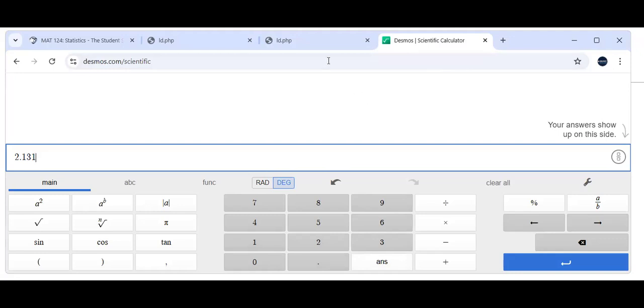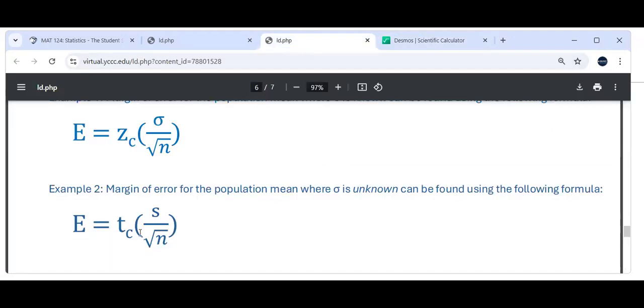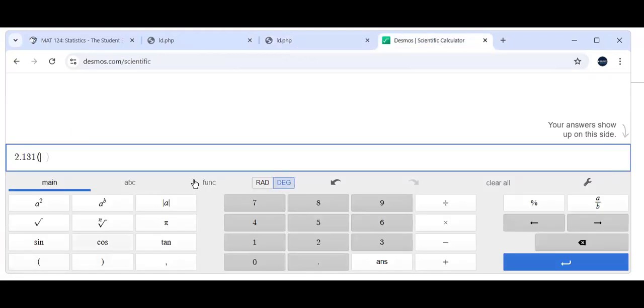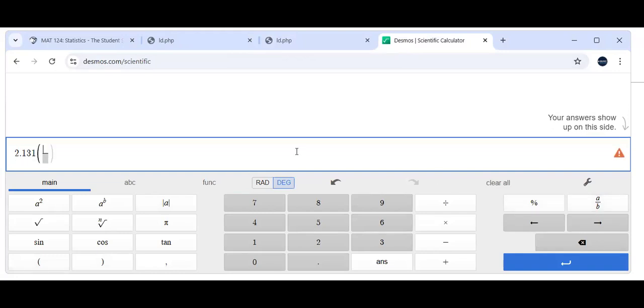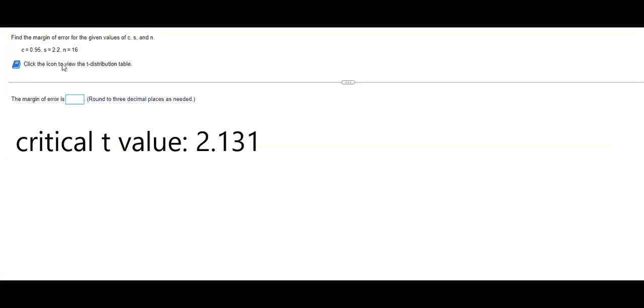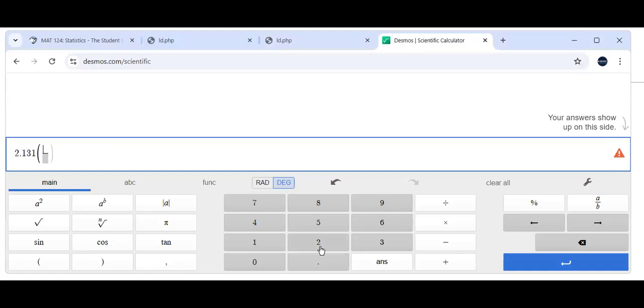All right, now looking back at the formula, double checking. The next thing, I'm going to type it how I see it. I'm going to do parentheses, and then I have a fraction, so I'm going to use my fraction button over here. And I have to take the sample standard deviation, S, they gave me. They said S was 2.2. So I'm going to take 2.2.